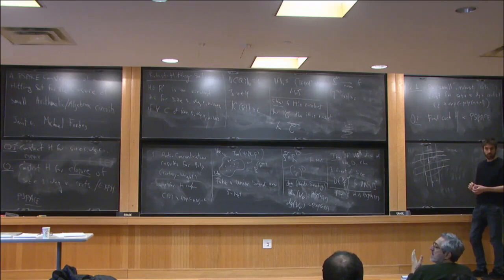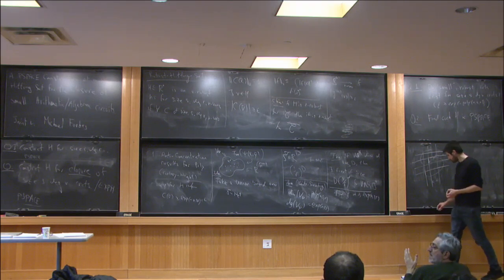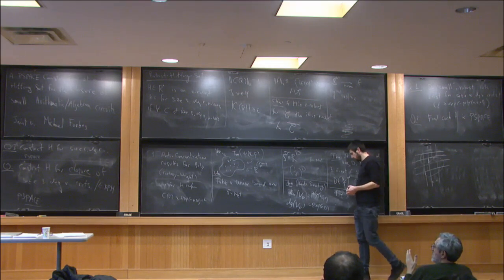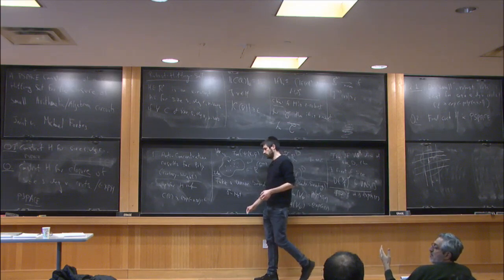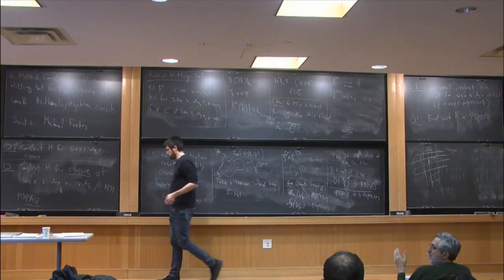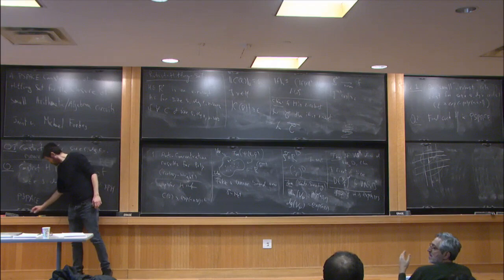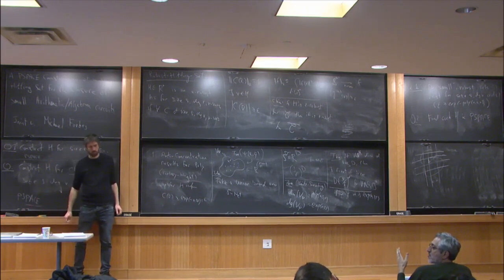So here's the Schwartz-Zippel lemma. Back to the normal Schwartz-Zippel lemma, take a grid with k points in every dimension, so k to the n points.